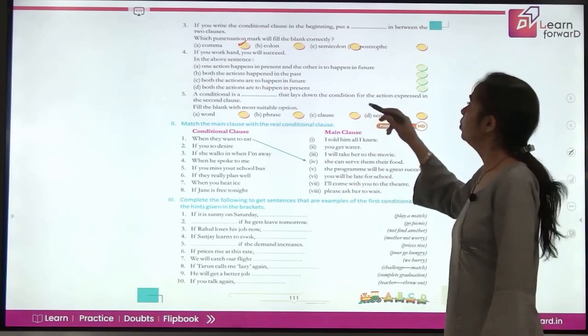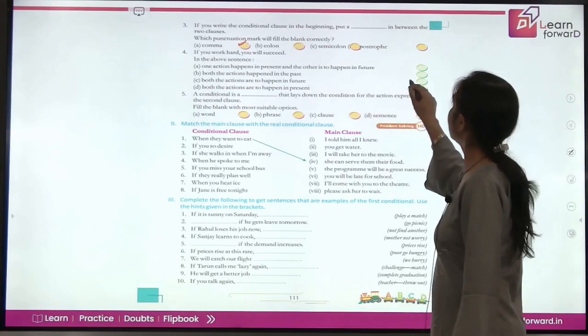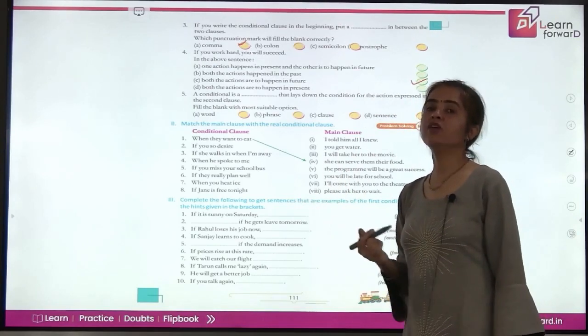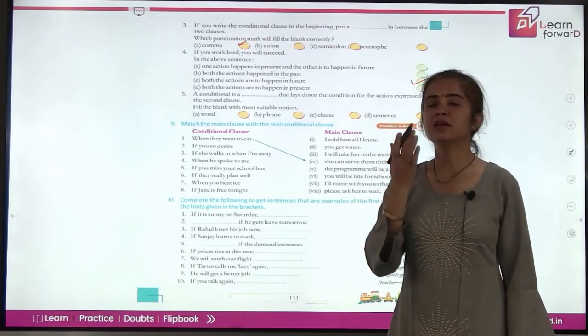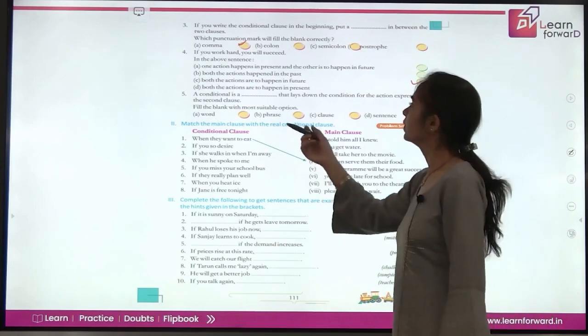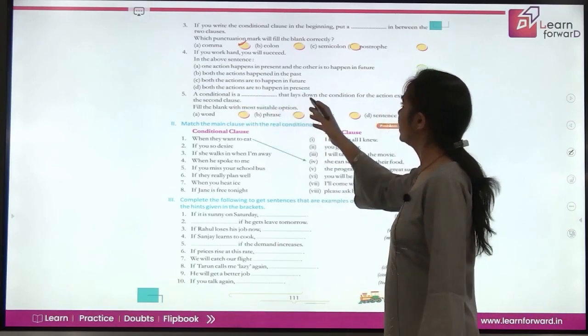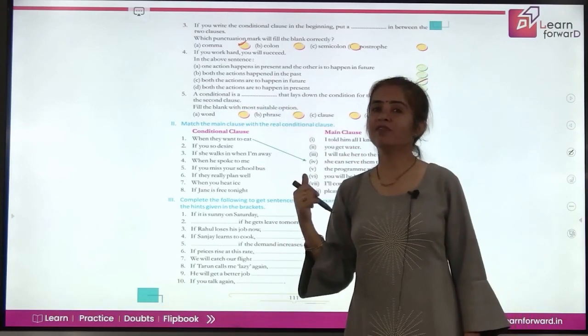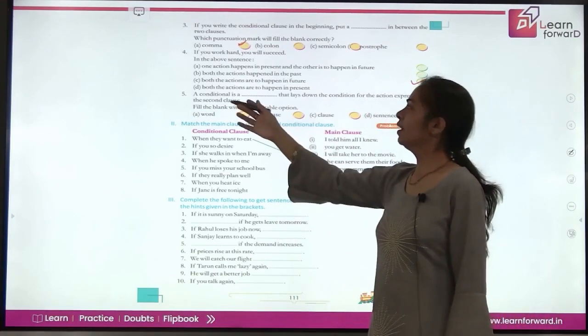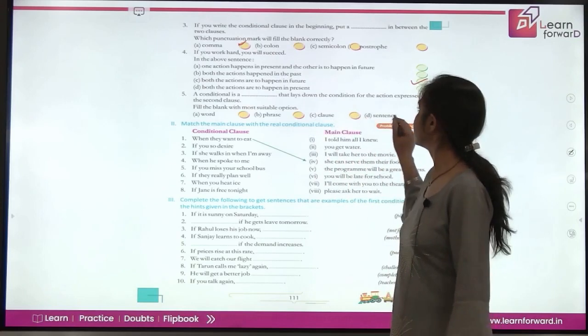So here both the events, actions happen in future, but we use simple present tense in the if clause and simple future in your main clause. A conditional is a dash that lays down the condition. So we have learned in the beginning of the sentence topic that a conditional is a sentence.